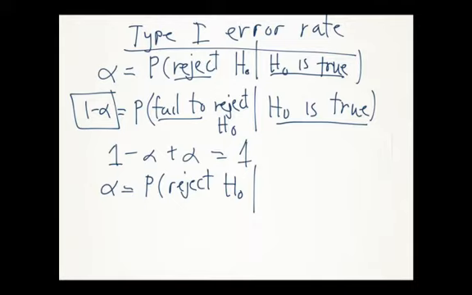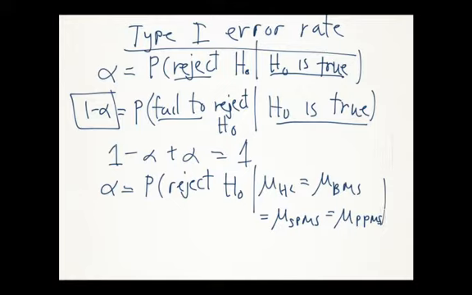So in this example, when is the null true? The null is true when the mean in the healthy controls is equal to the mean in the benign MS, is equal to the mean in the secondary progressive MS, is equal to the mean in the primary progressive MS. So if we had completed the 6 pairwise tests that we spoke about, what is the chance that we would reject the null that all the means are the same?